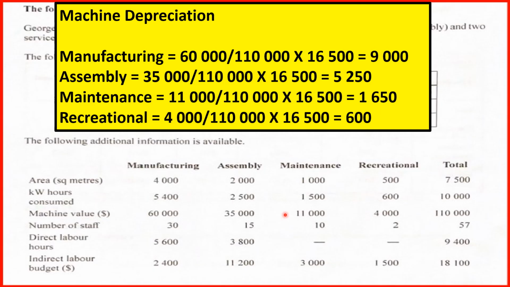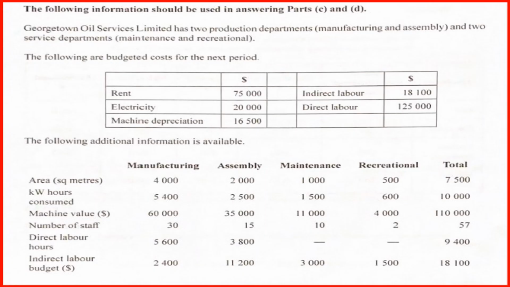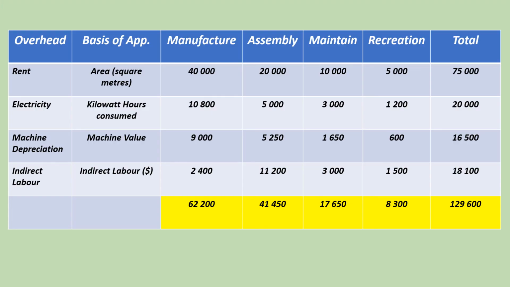Now, let's take a look at what our table would look like after we are finished. So we have it here. When we fill in all the figures that we have calculated, it would look like that.